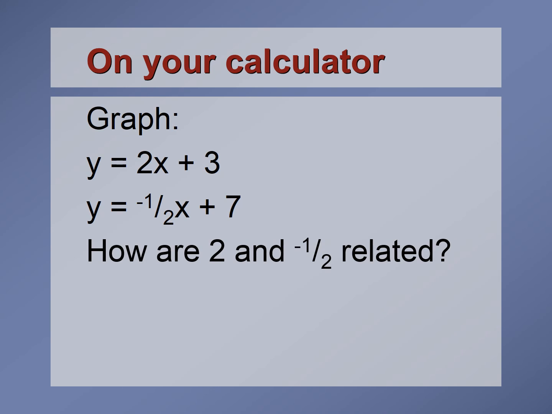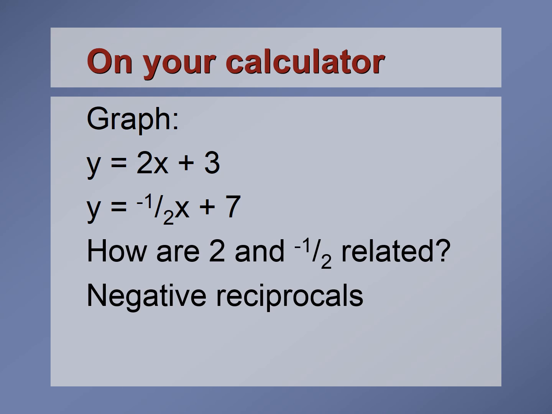So now my next question is, before, when we were looking at parallel lines, the slopes were the same. These slopes aren't the same, 2 and negative 1/2. However, they are related to each other. So the reason they're related is 1/2 is the reciprocal of 2, but you also have a negative. So how are they related? They're negative reciprocals, or negative flips of each other.